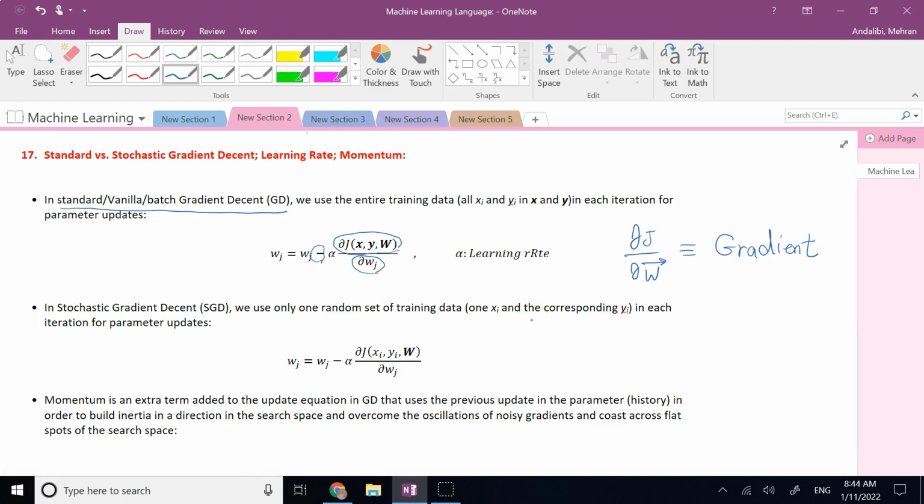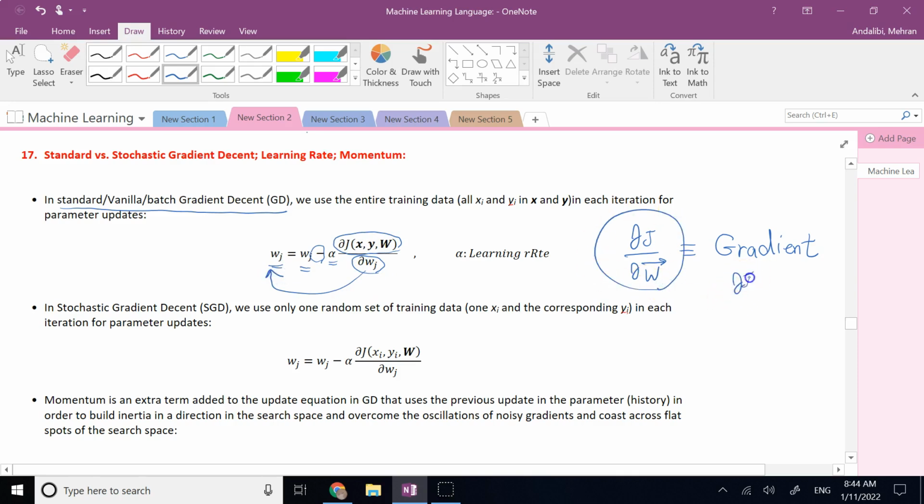Now, instead of applying it for the whole vector W, I'm showing that it is done for an individual weight. So it says the individual weight new value is whatever it was, the old value, minus some number times the gradient, but only the component of the gradient related to this W. This gradient is a vector, right?